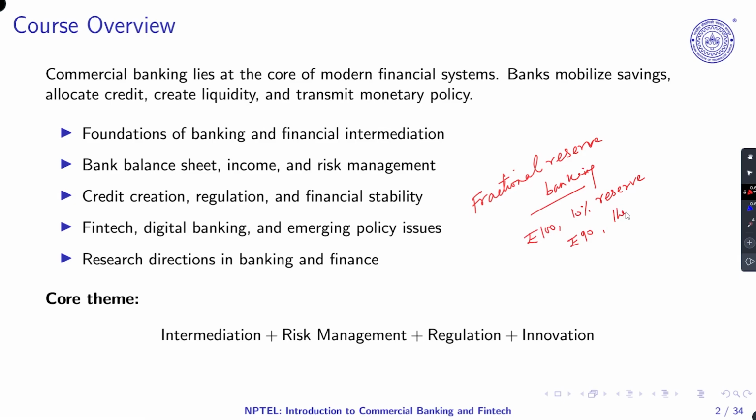So the bank can earn a rate of interest on 90 rupees and pay a rate of interest on 100 rupees. In order to make money, the bank will offer a lower rate of interest on 100 rupees and charge more on the 90 rupees, and this is where fractional reserve banking comes in.